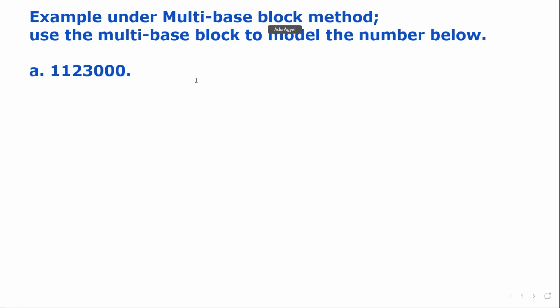Let me write my solution. Now, illustration.